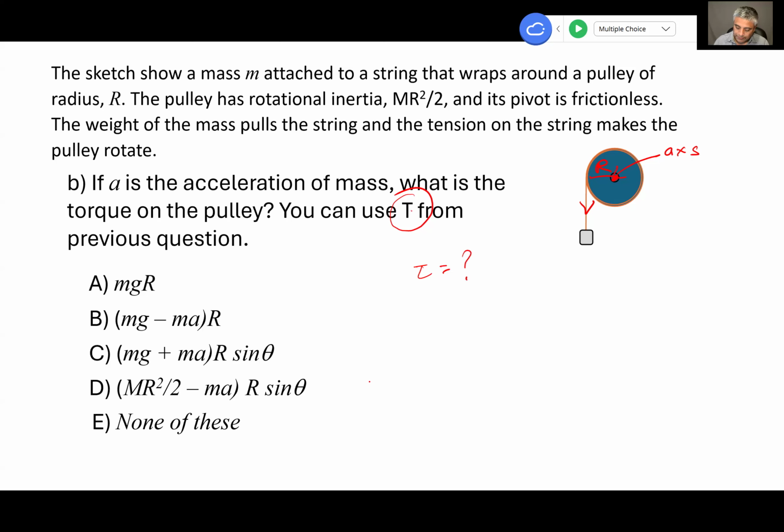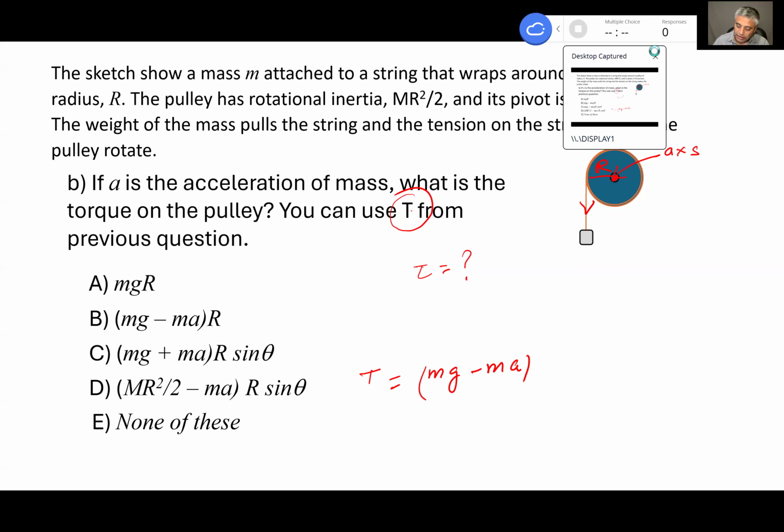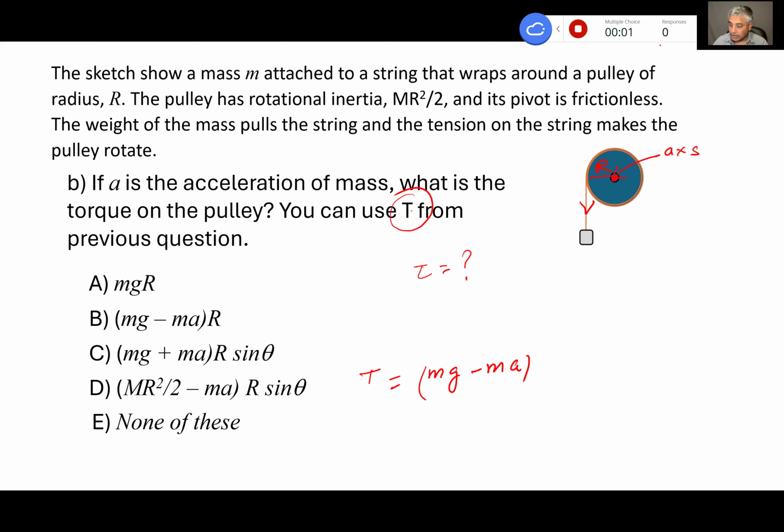So tension was mg minus ma or something like that. So I'm letting you pull on this, and you have only, let's say, 30 seconds to pull on this. So you are asked to find torque. Torque is lever arm times force.